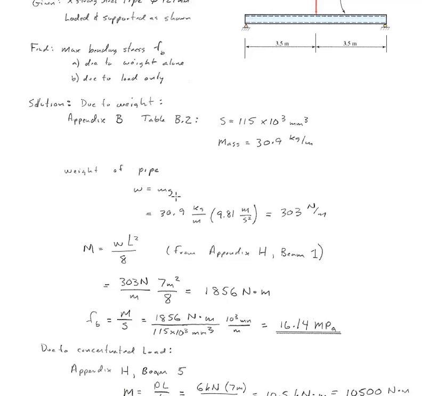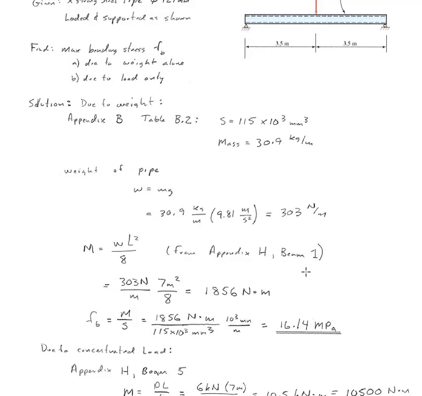Weight equals mass times gravity. So in this case, it's 30.9 kilograms per meter times the constant of gravity, 9.81. And in this case, we get 303 newtons per meter. Okay, so therefore, M equals W times L squared over 8.